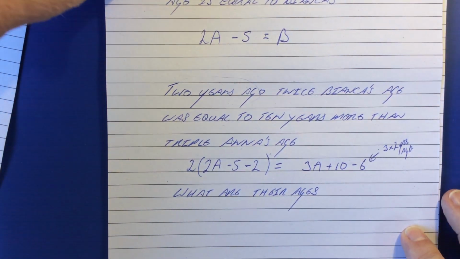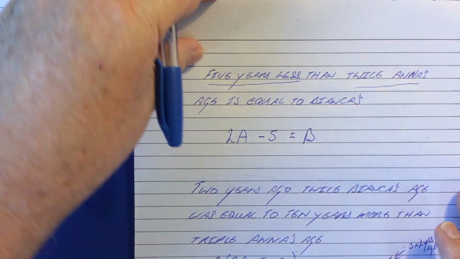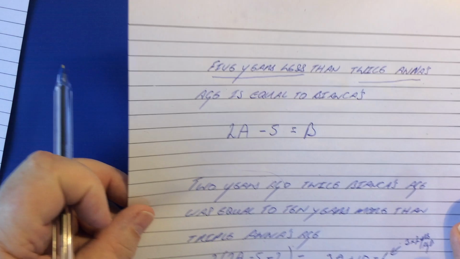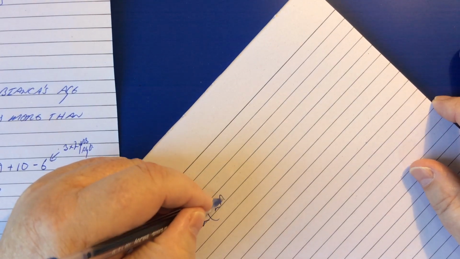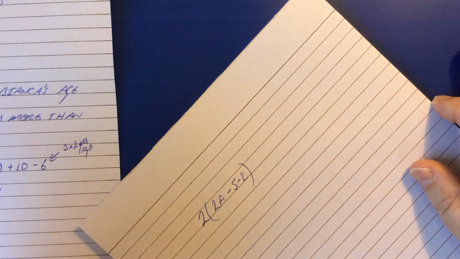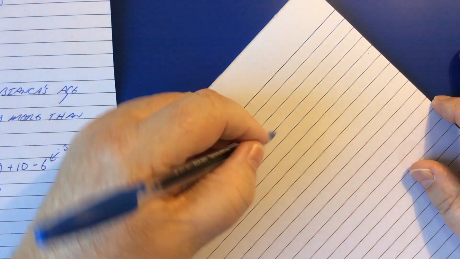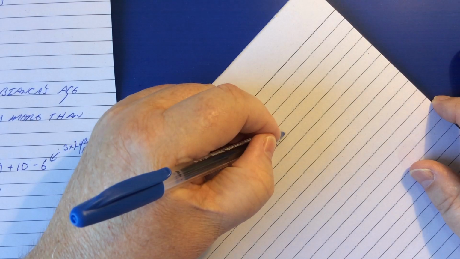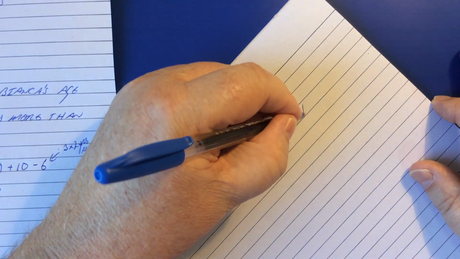Okay, so now we have 2 equations that we can work with, and they are as follows. 2 into 2a minus 5 minus 2, I could have written minus 7, equals 3a plus 10 minus 6.